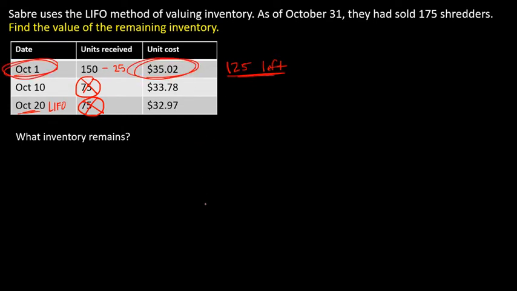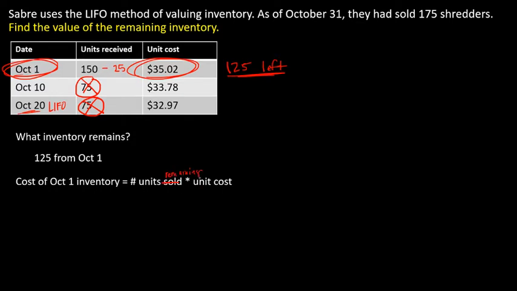So we're going to take that number, that 125, the number of units left. So this is the number of units remaining, not the number of units sold. And we're going to multiply by our unit cost of $35.02. So that's 125 times $35.02, and that comes out to $4,377.50.